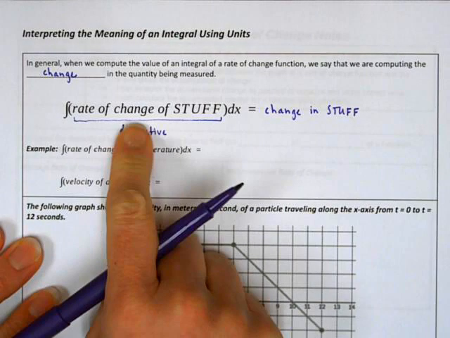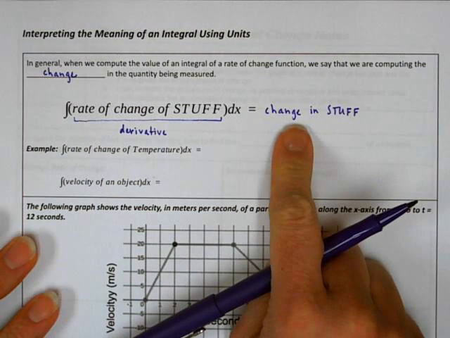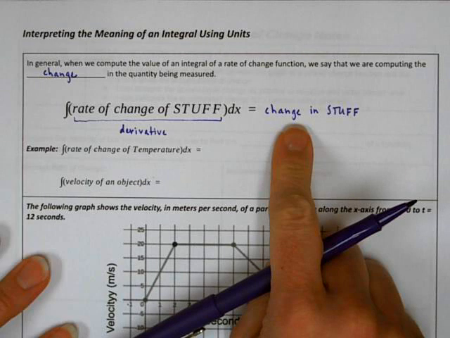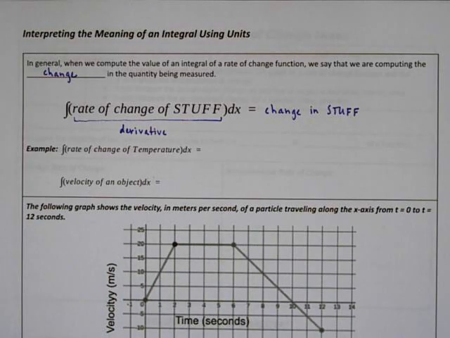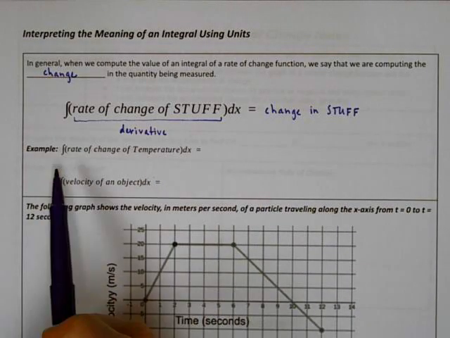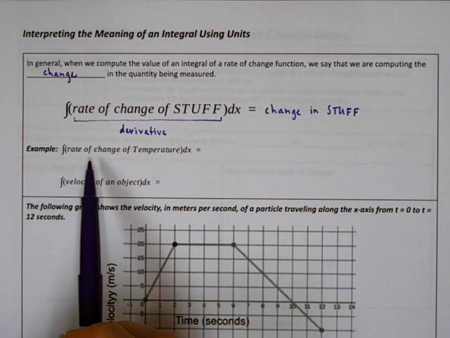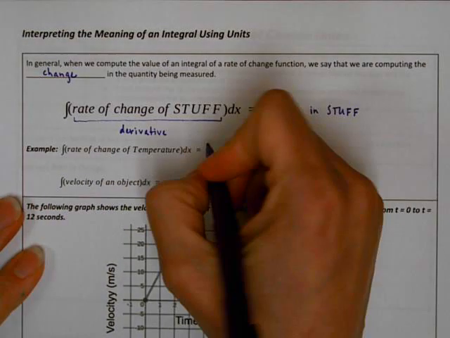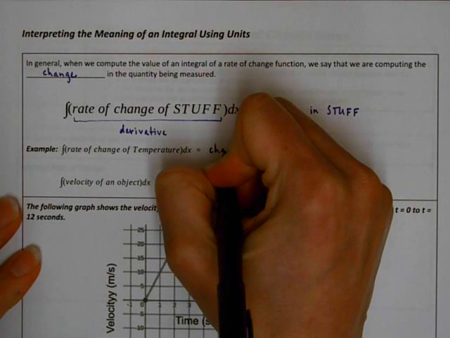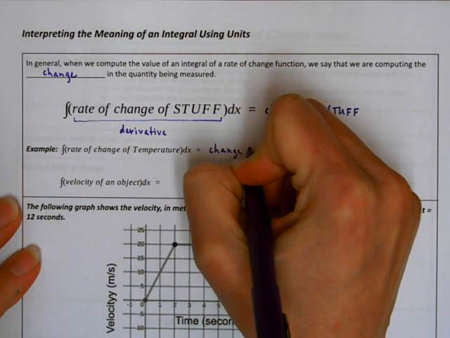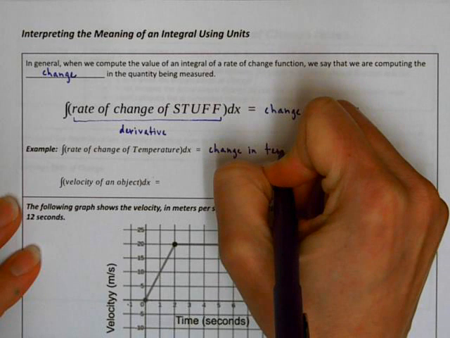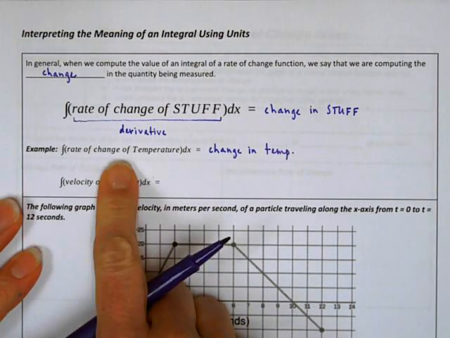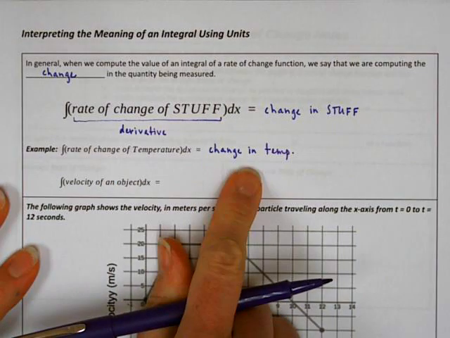So integrating the rate of change gives me the actual change, the amount of change. So let's take a look. An example here says if I'm integrating the rate of change of temperature, the number that I get out is actually going to tell me the change in the temperature. So integrating the rate of change of the temperature gives me the change.